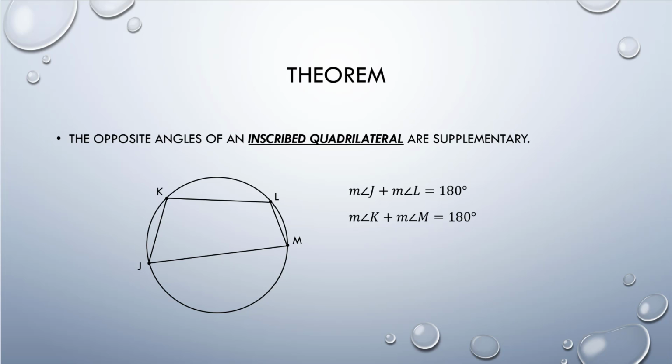So what that means is the measure of angle J plus the measure of angle L is 180, because J and L are completely diagonally across. They're opposites. And the same thing for K and M. Those are opposites. So when I have an inscribed quadrilateral, this only works for quadrilaterals, not for any other shape. Those opposite angles are going to be supplementary, which means they add to equal 180.